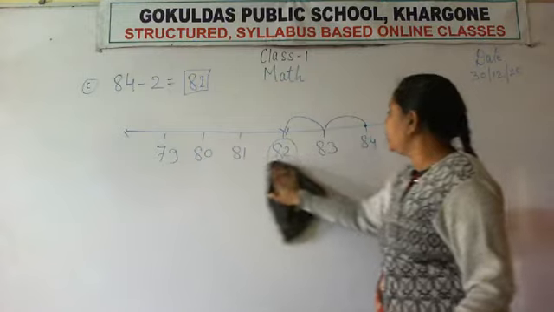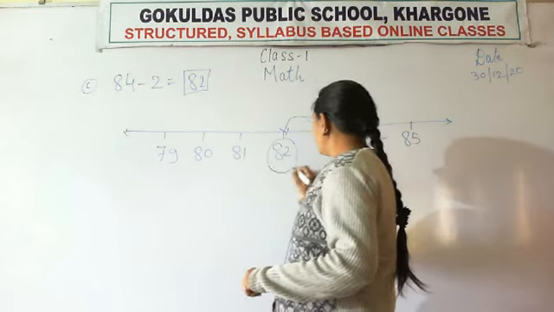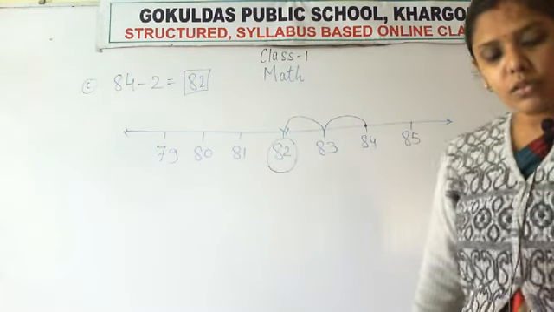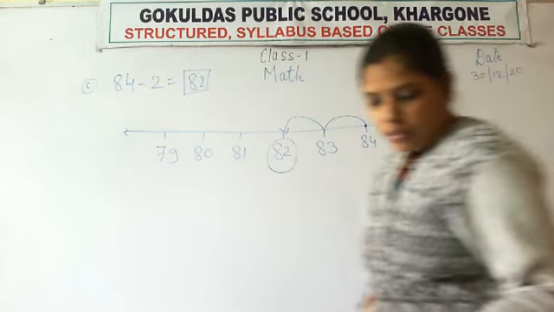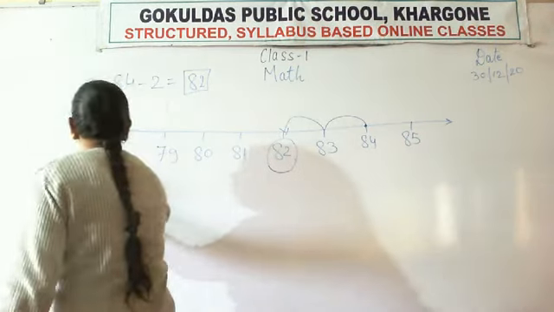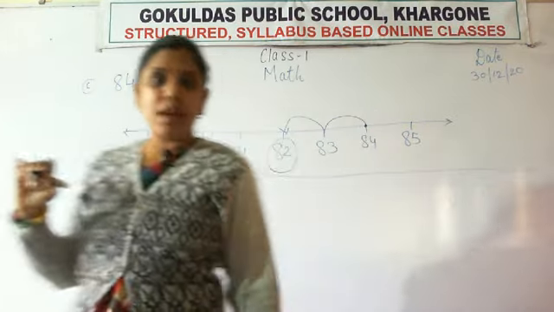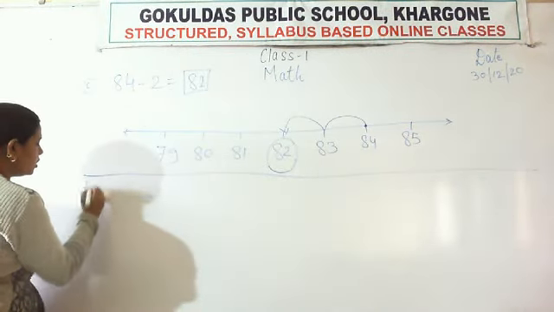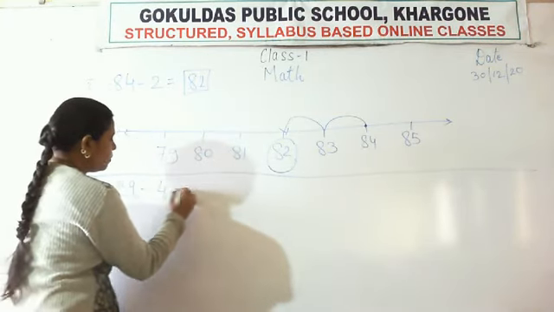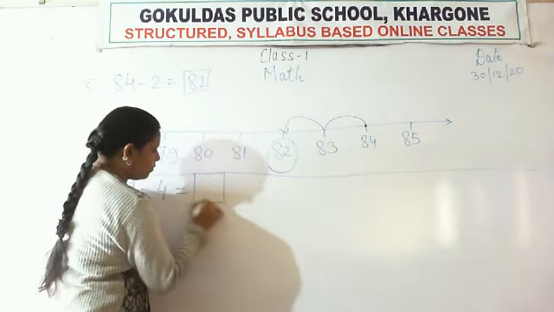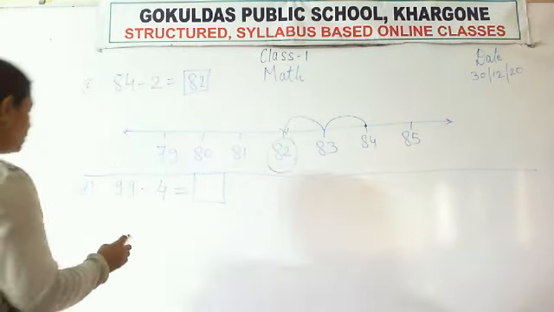Now the next question, D. What is the question given in the book? 99 minus 4. So write the equation first. 99 minus 4. Okay, so draw the number line.